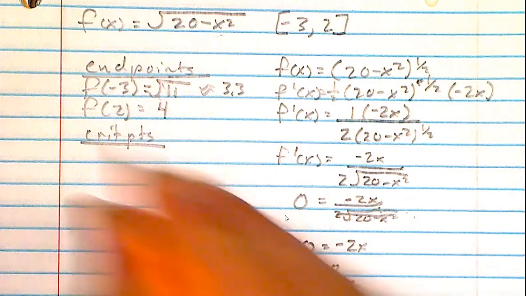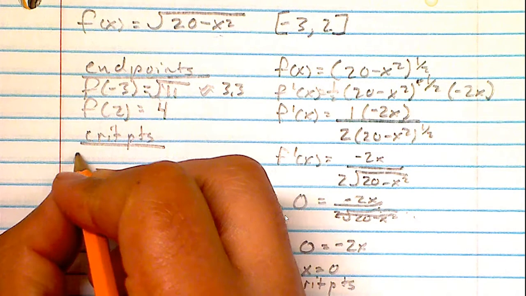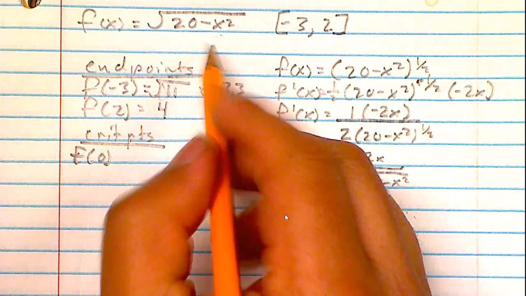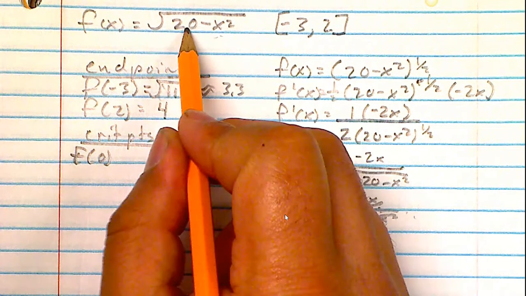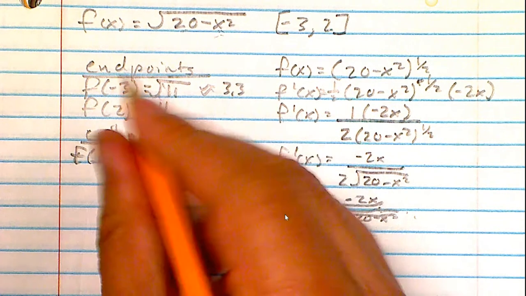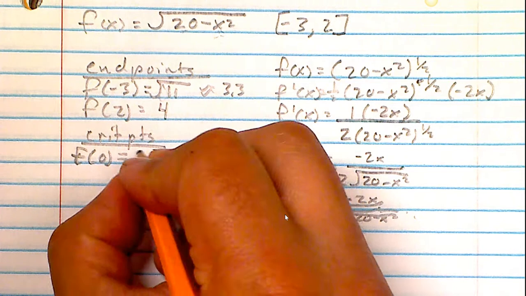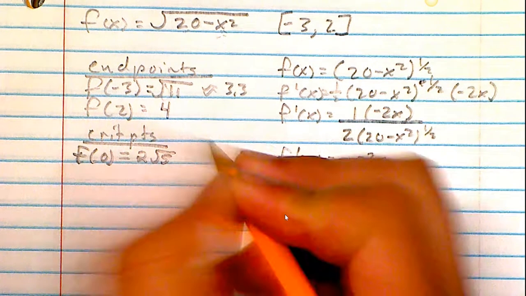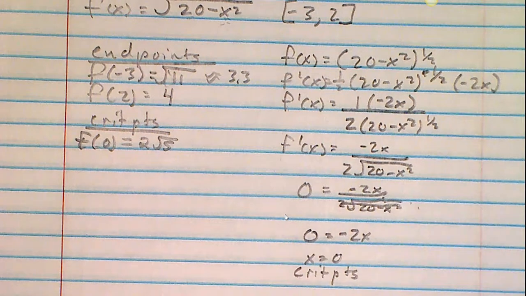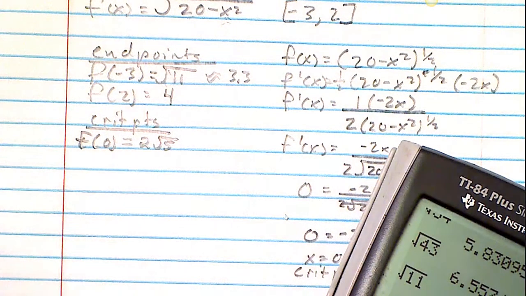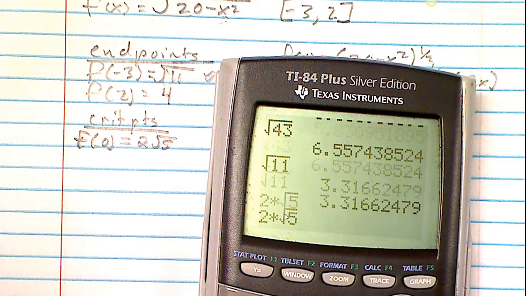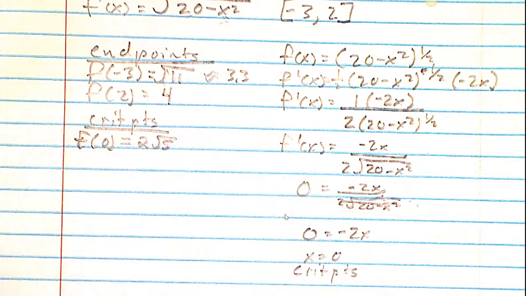So we're going to do f of 0. Plug in 0, 0 squared is 0, 20 minus 0 is 20. Square root of 20, we always simplify our square roots, so that ends up being 2 square root of 5, which is roughly 4.47, so 4.5 roughly.